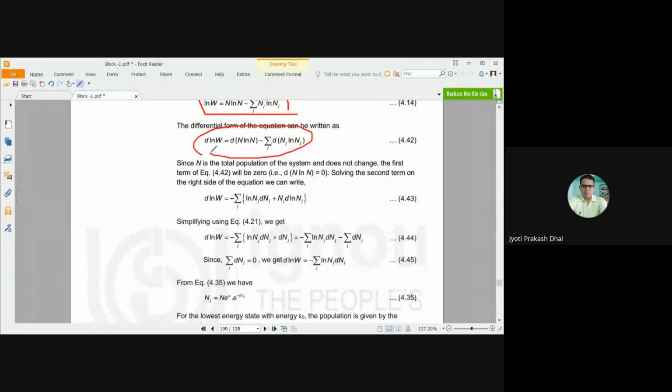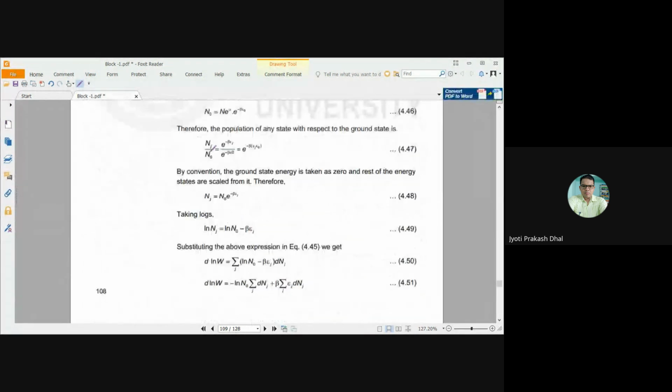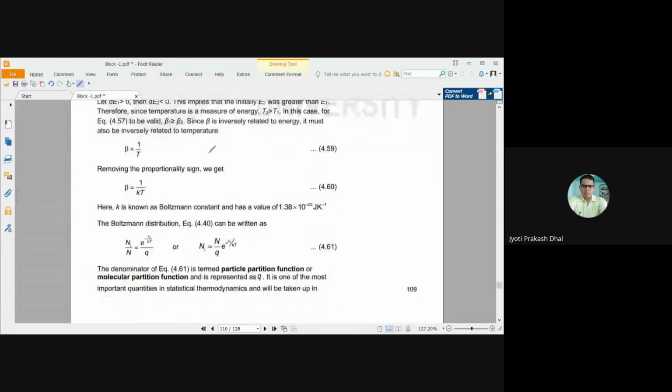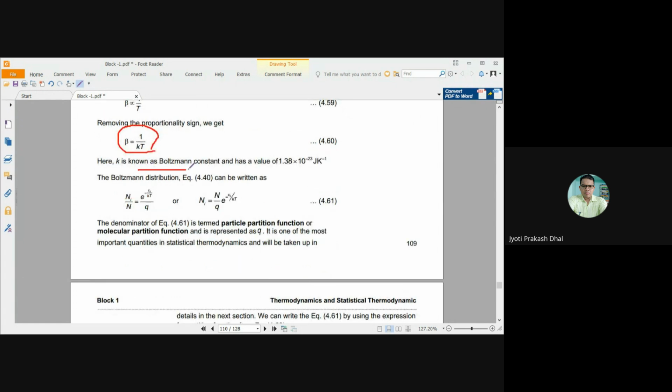After solving, we can find the value of beta. Beta is proportional to 1 by kT. Removing the proportionality sign, beta equals 1 by kT, where k is the Boltzmann constant, having the value 1.38 into 10 to the power minus 23 joule per Kelvin.